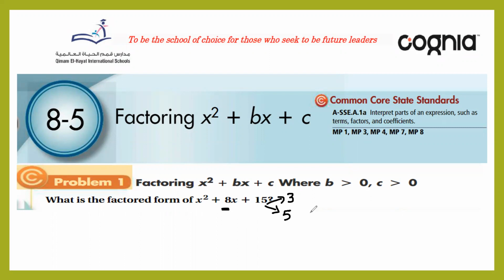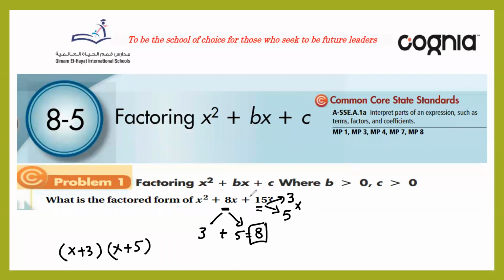Let me check. If I multiply them, I obtain C. If I add them, 3 plus 5, I obtain 8, which is the middle term. So the two factors are x plus 3, x plus 5.